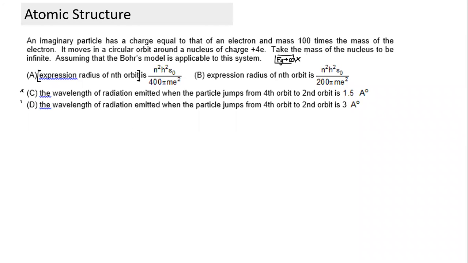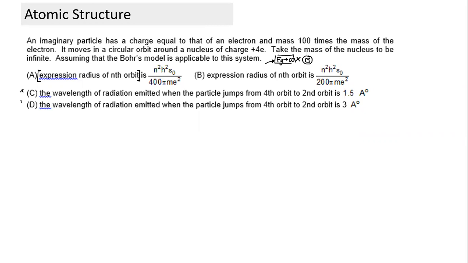Okay, this kind of question has come in the examination. What it assumes here, Bohr's model applicable, is that we ignore gravitational force. They have not mentioned it here, but the options given here do not have a G term. So basically, though it is not mentioned, when you apply Bohr's model to orbital motion of hydrogen atom, or other atoms also, we don't write gravitational force.